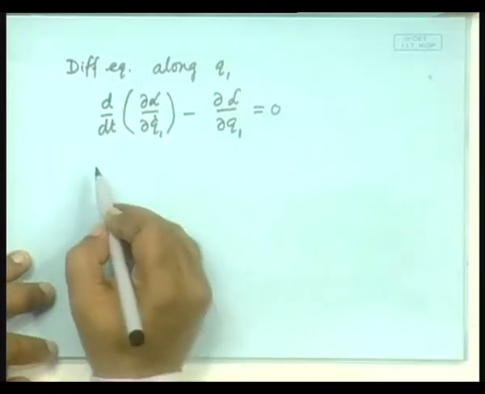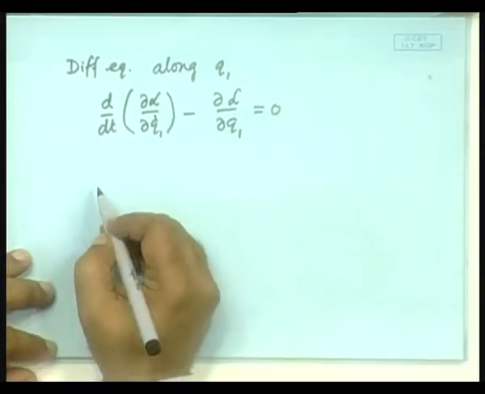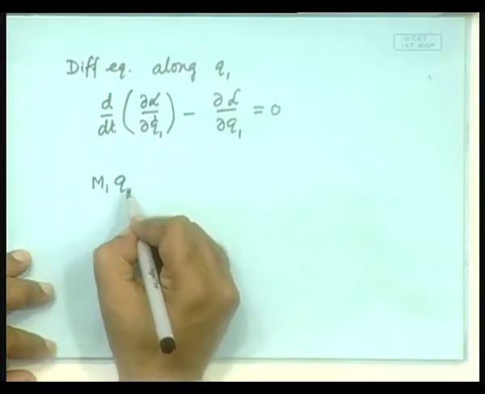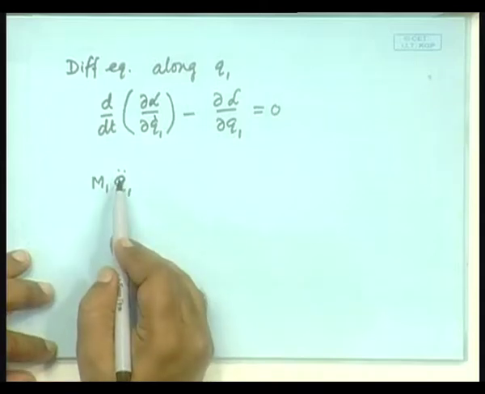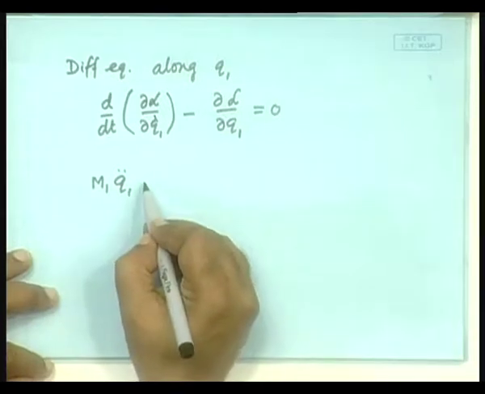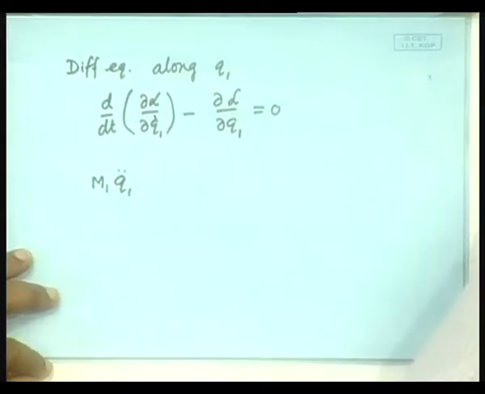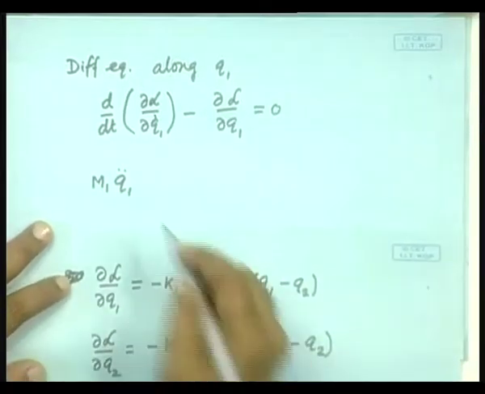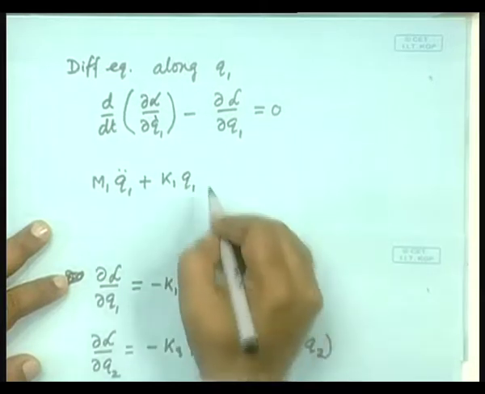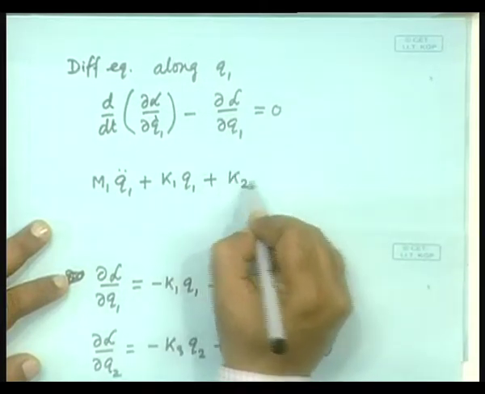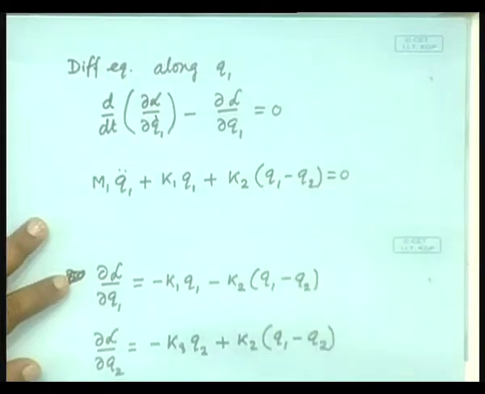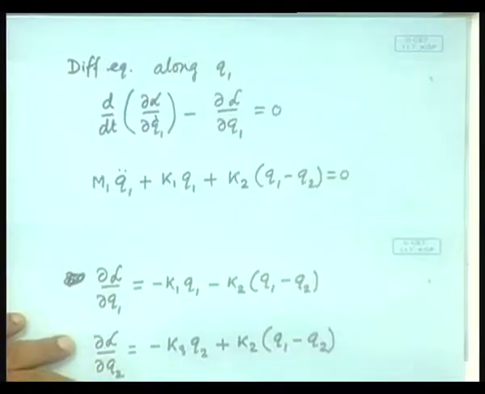Now if you substitute, with m1 this would be q1 double dot, because you are taking the derivative with respect to time once again, and then minus, let me copy from here this term, plus k1 q1 plus k2 q1 minus q2. Okay, happy?